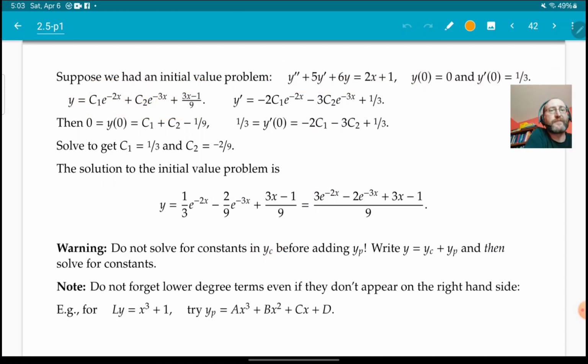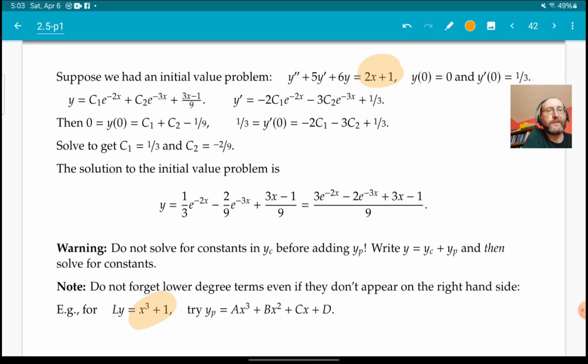All right. Now, that was for a very simple right-hand side, 2x plus 1, and we tried ax plus b. So what if you have some polynomial of high degree? Let's suppose x cubed plus 1. You want to try a polynomial of degree 3, but you don't want to try ax cubed plus b.